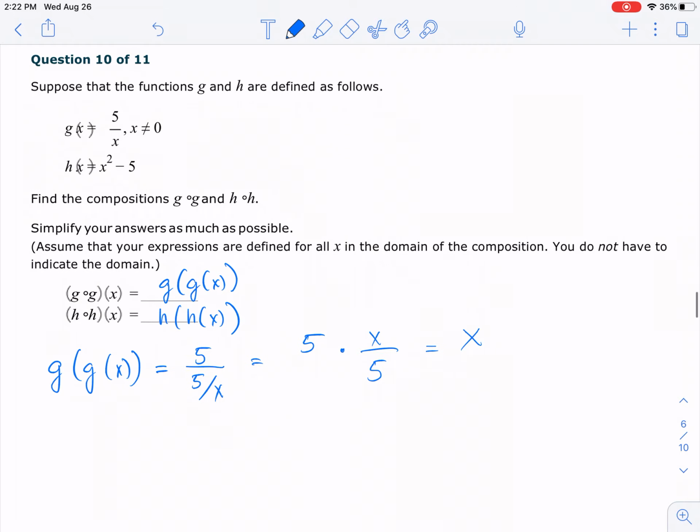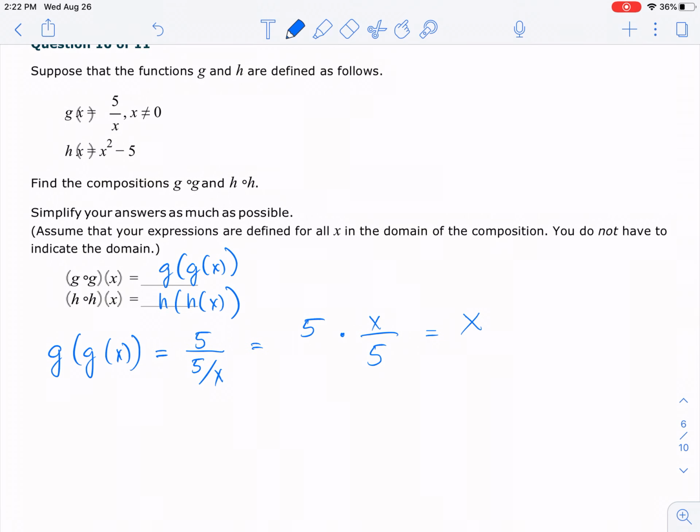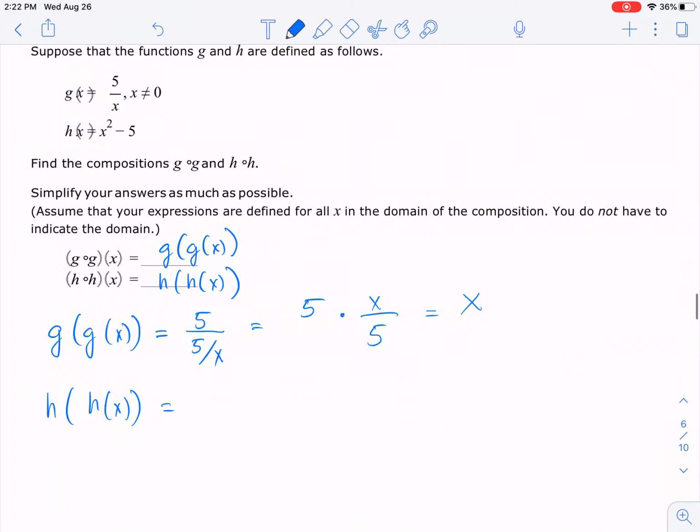Now I'm going to do the same thing for h. So h of x. So what I have is I have to put h of x in here, and h of x is x squared minus 5. So what we have is x squared minus 5, and then I have to square it and then minus 5.